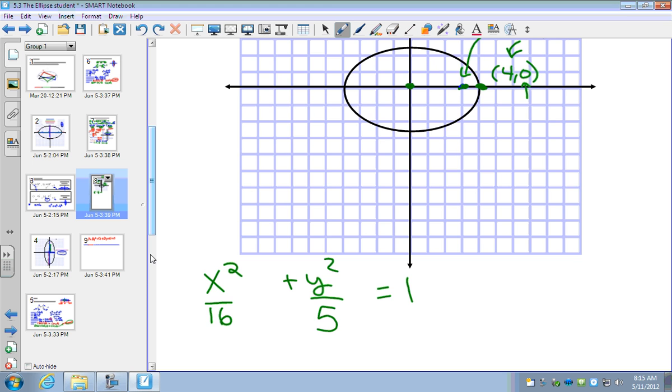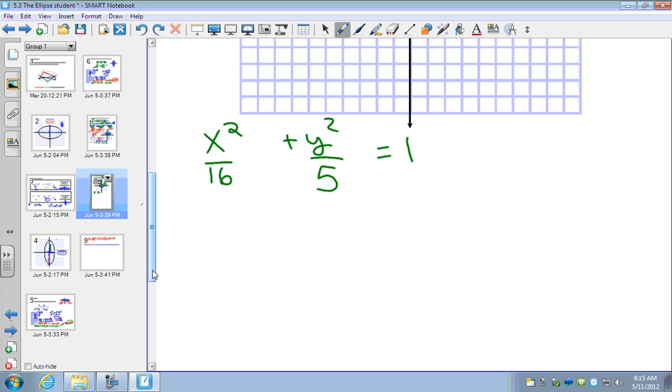Here I have standard form, and now I need to make this into general form. What I'm going to do is multiply every single term by 16 times 5. And that gets rid of my fractions.